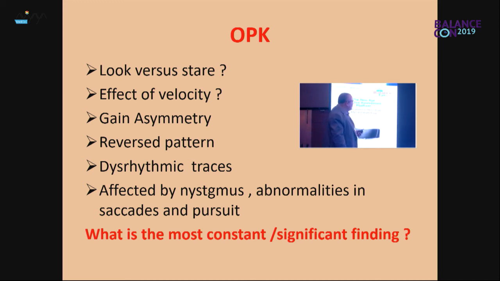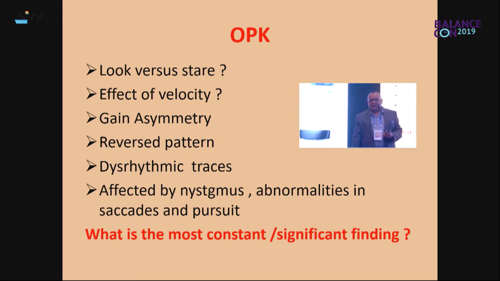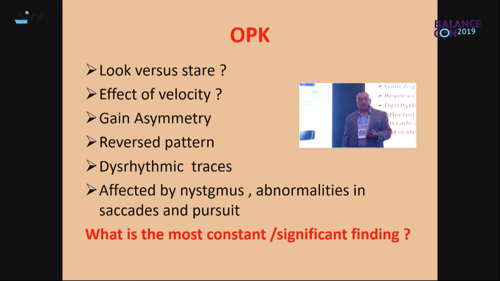So what is the most constant and significant finding? In our experience, I agree with Vishal, that is the discomfort and the visual motion sensitivity which occurs with migrainous patients. This is maybe the most constant finding I've seen. Vestibular migraine or migrainous vertigo is the second most common cause of vertigo in our database.